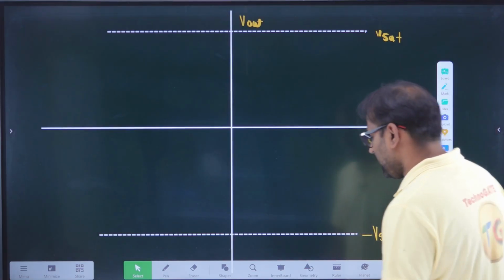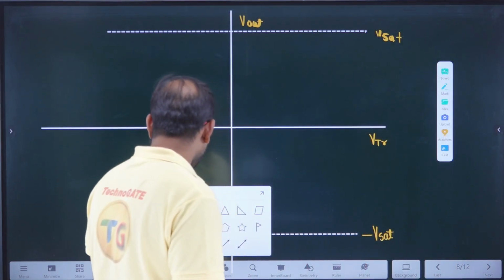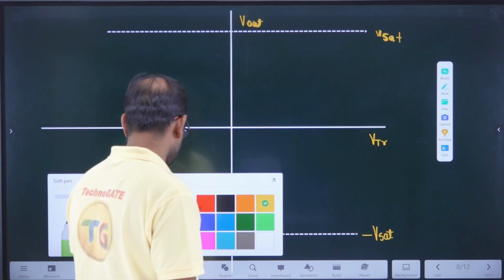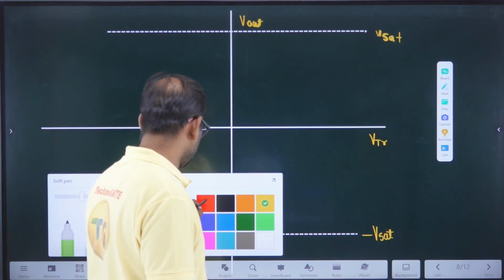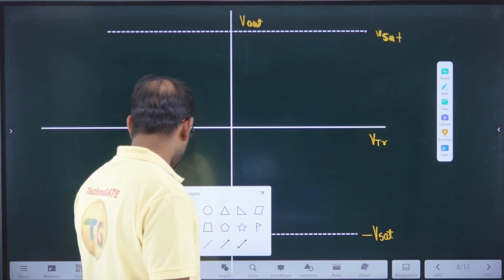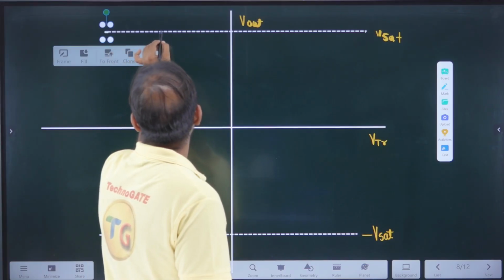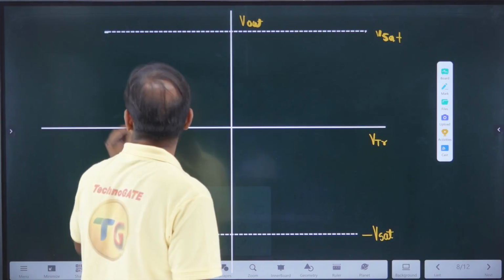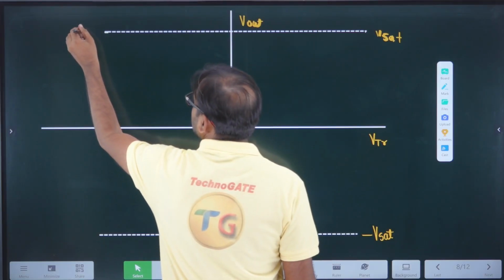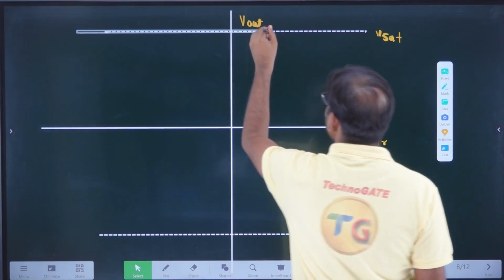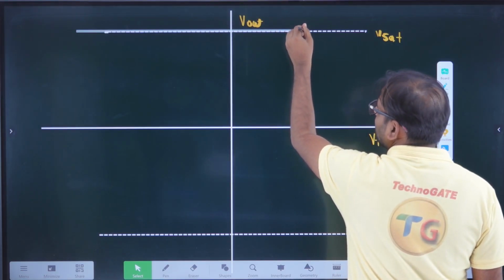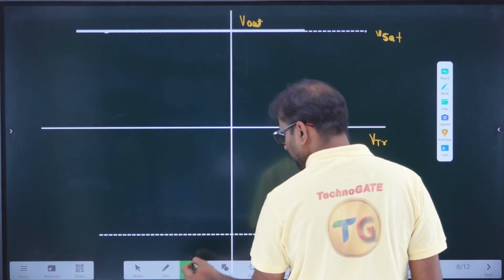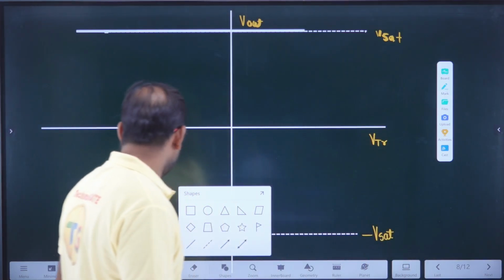So I draw this from minus infinite to this point.